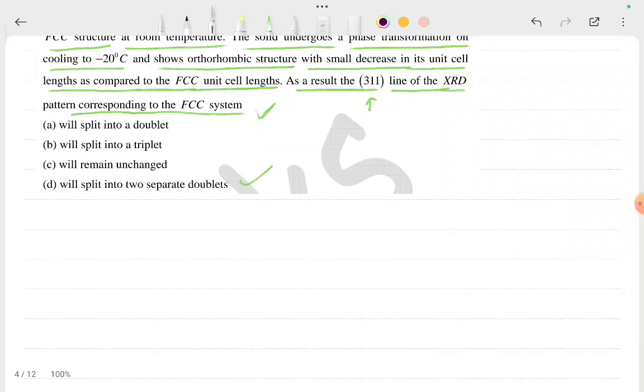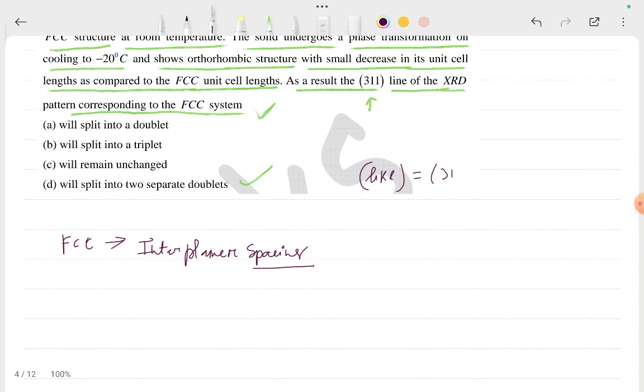So we all know, for FCC, the interplanar spacing is equal to... you just look at the HKL value. This is nothing but 311, right? It follows the rules of FCC structures.